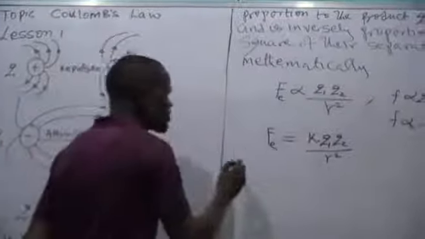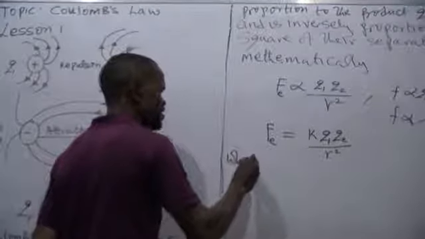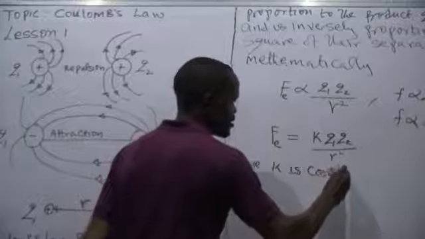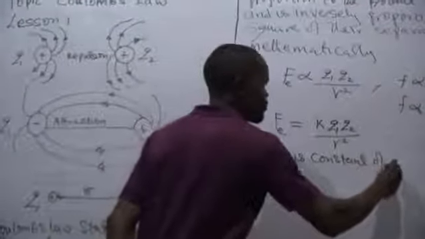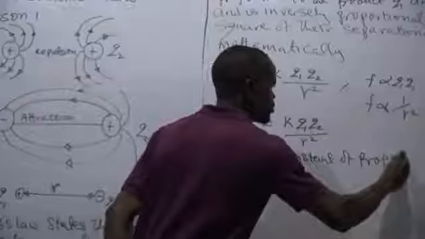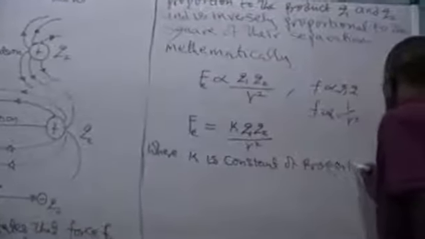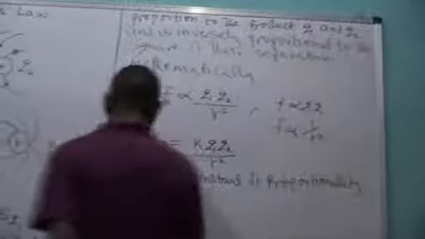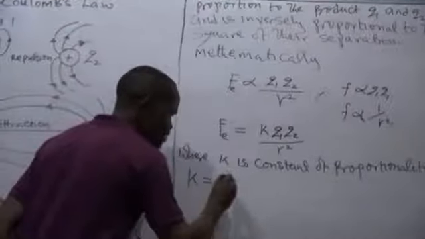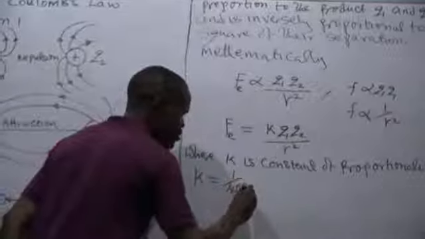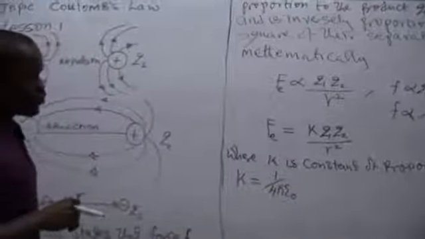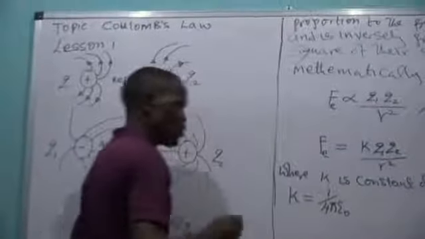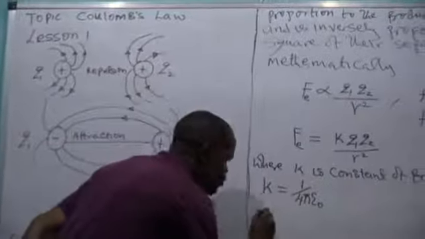And this K is the constant of proportionality, where K is equal to 1 over 4 pi epsilon O.